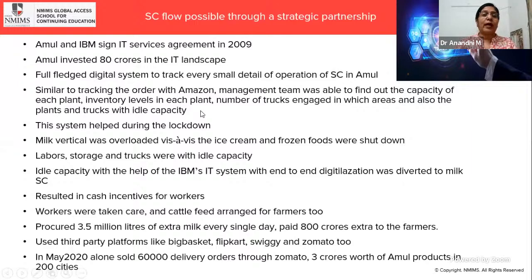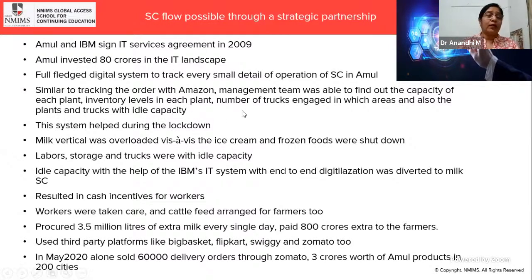Similar to tracking with Amazon, the management team was able to find out the capacity of each plant, how much capacity it has. And likewise, they found out how they can utilize the ice cream manufacturing plant, what is the capacity of that, and converted that into producing some other dairy product which was more in demand from the market.